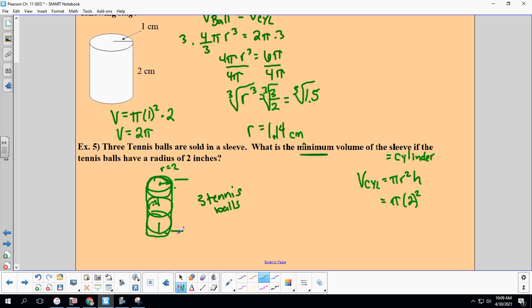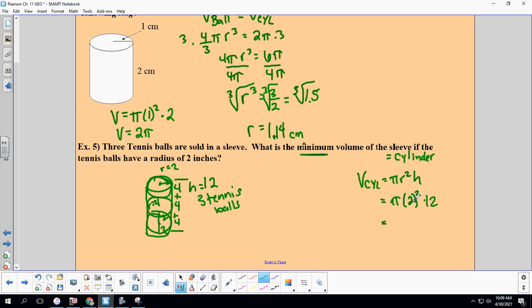Well, I know halfway across a tennis ball is 2. All the way across a tennis ball is 4. And I have 3 of those. So 4 plus 4 plus 4 has a height of 12. Times that by 12. So awesome.